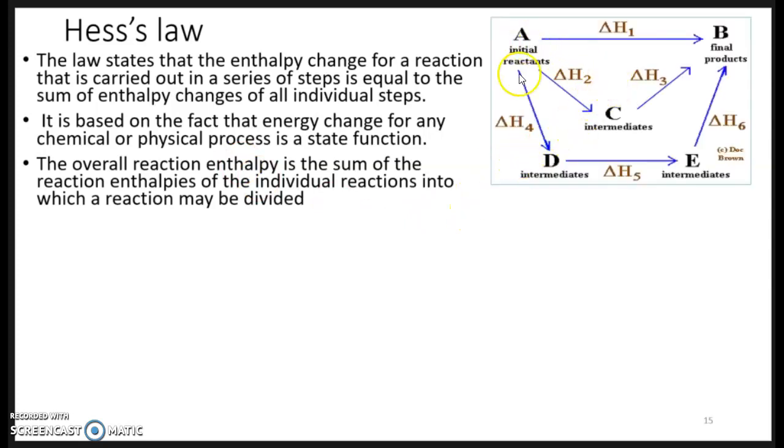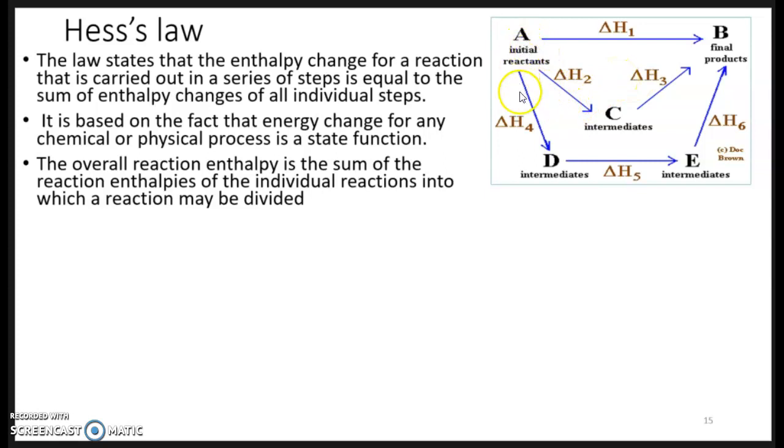Consider a hypothetical reaction A that can go to B through several processes. It can go directly to B, and the enthalpy change for that process is delta H1. It can go from A through C, then to B finally, and the enthalpy change from A to C is delta H2, and from C to B is delta H3.